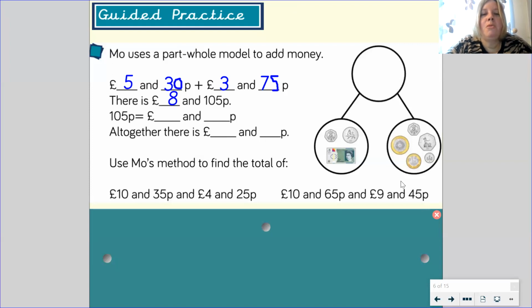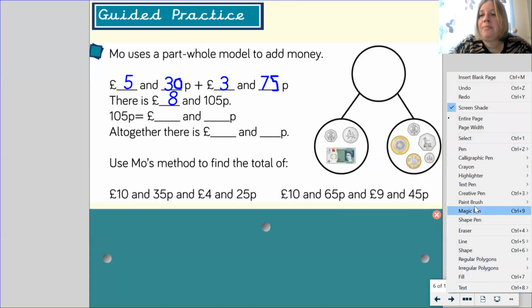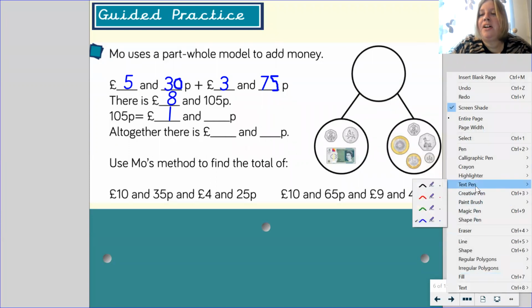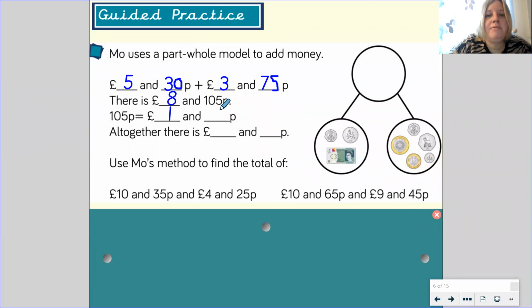Now we need to look at our 105p and exchange this for a pound. How many pennies are there in £1? There are 100. So I would have £1 here. And I have 5p. So I have £1 and 5p. So here I would write my 5p.